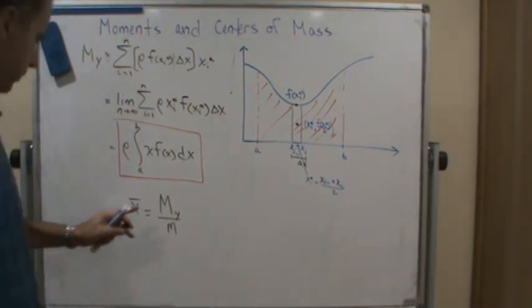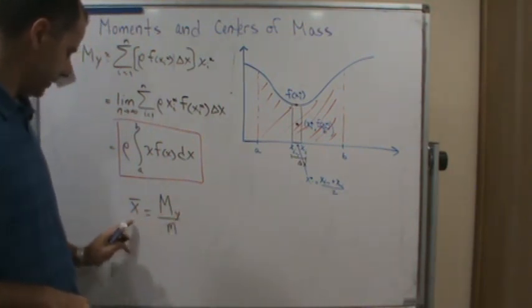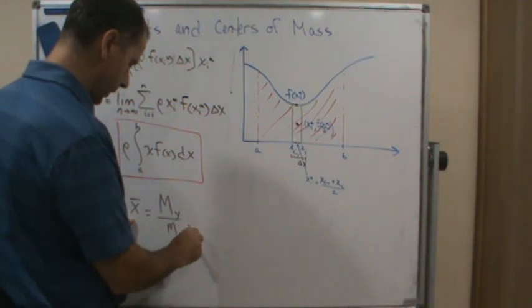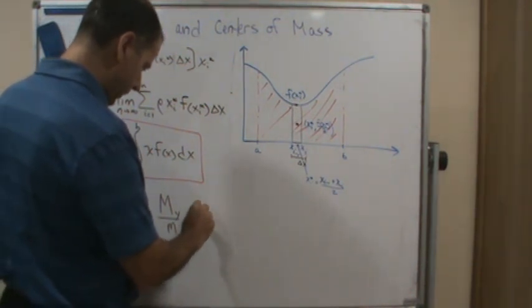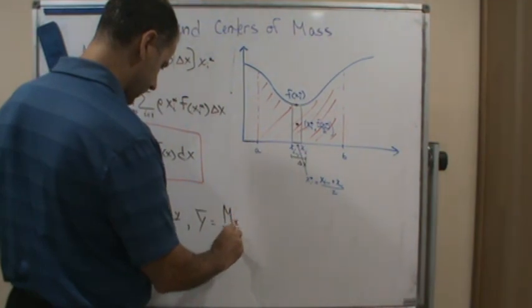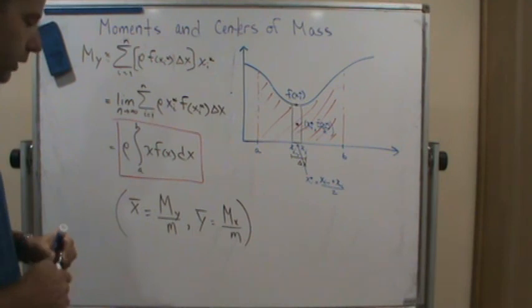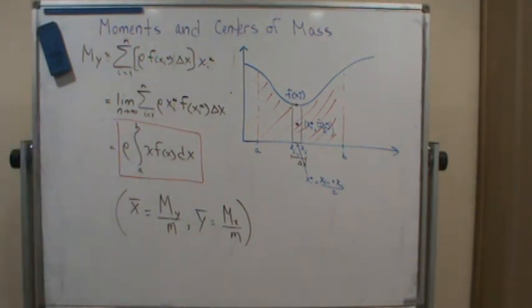So we're going to have the moment of the system with respect to y over m. That's going to give us our x bar. And then y bar is similarly going to be m sub x over m. And so that's where we're going to find the centroid of the lamina.